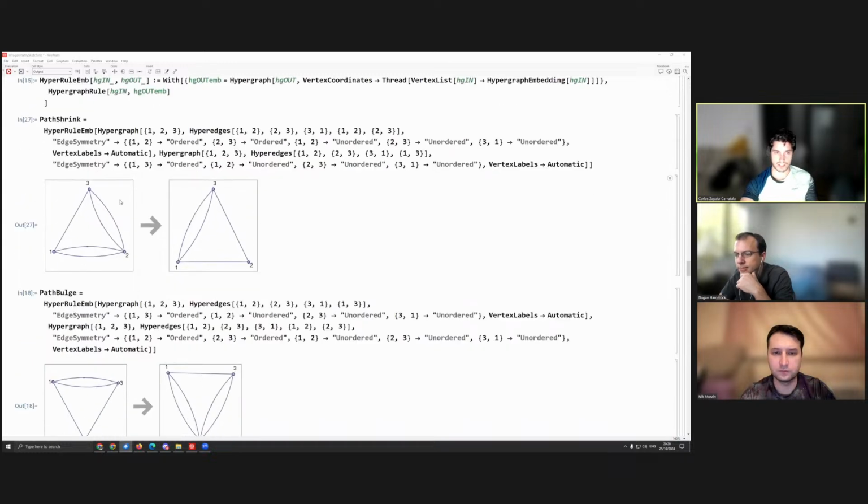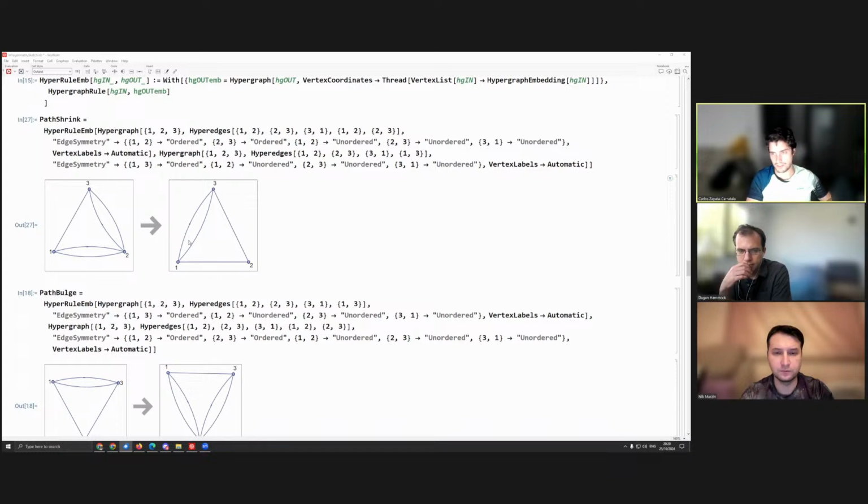Which you can see explicitly, you can just inspect it. You can remove the directed edges from these rules, and what remains is the identity rule, the do nothing rule. It's just 1 to 3 edges, 1 to 3 edges, nothing's changed. So it is technically a rule in some sense. But its application is always going to give the same state, right?